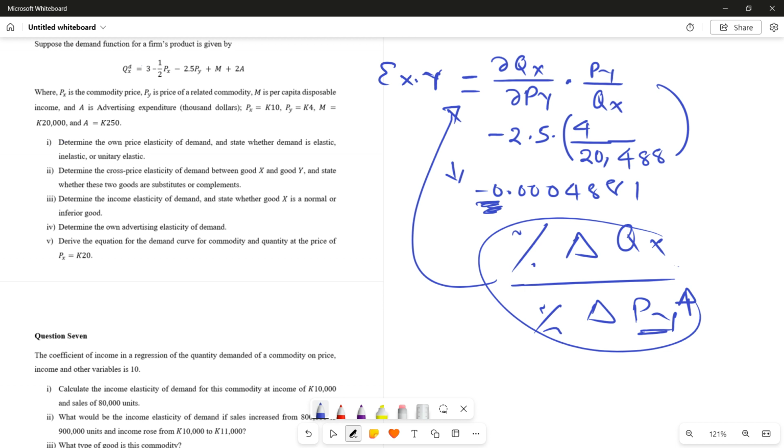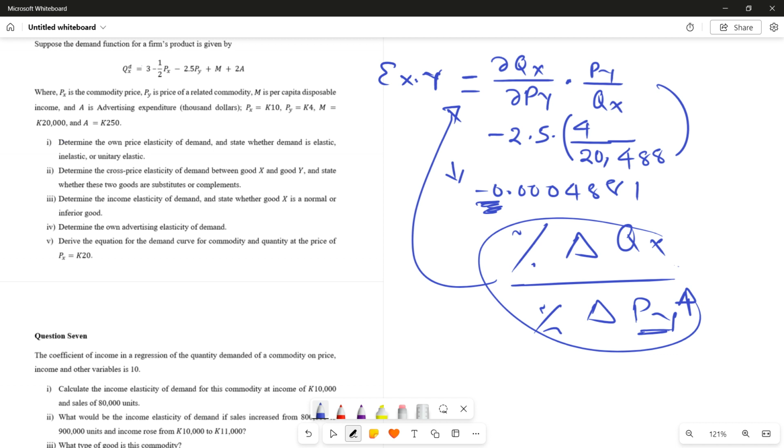So in this case, this means that increasing the price of good Y reduces the quantity demanded of good X. Look, it's a case where you have increased the price of Fanta. The demand for Coca-Cola is falling after increasing the price of Fanta. So it's more like these two goods are just complementing each other. You increase the price of good Y, not only will the demand for good Y fall, but the demand for X will also fall.